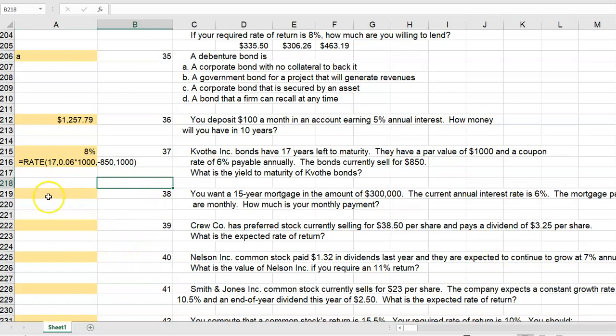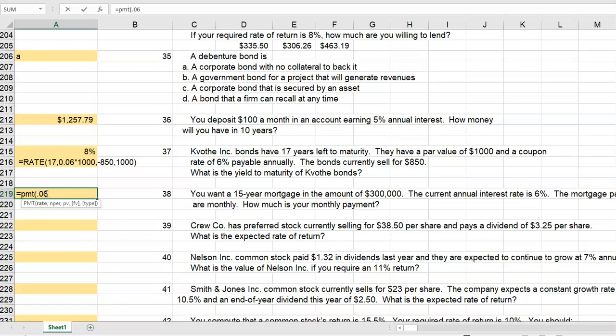Okay. You want a 15-year mortgage, and the annual rate is 6%. Mortgage payments are monthly. There we go again. How much is your monthly payment? Monthly payment. That sounds like a payment problem to me. Payment of rate 0.06. Oh, that's pretty high these days.